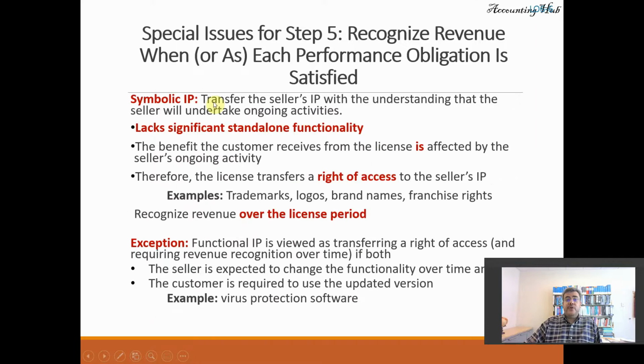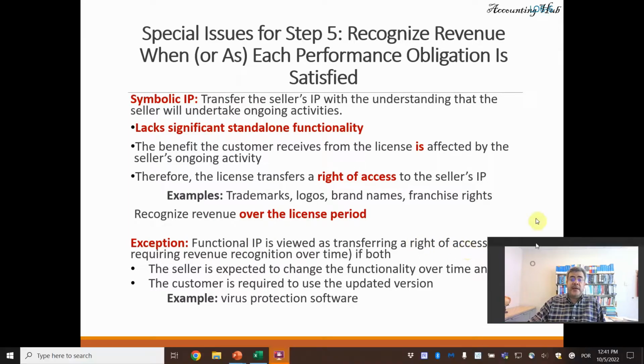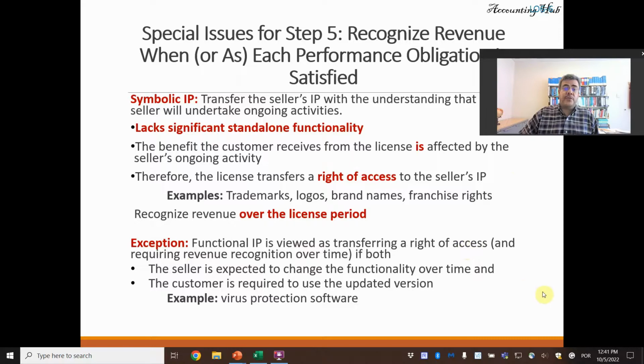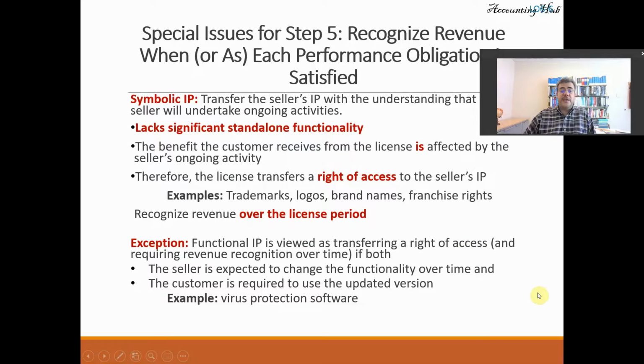Before going to the symbolic IP, there is an exception on functional IP. It is viewed as transferring a right of access and requires revenue recognition over time if both the seller is expected to change the functionality over time, there are upgrades, and the customer is required to use the updated version.